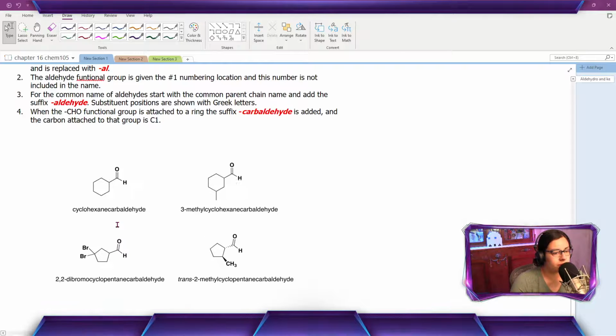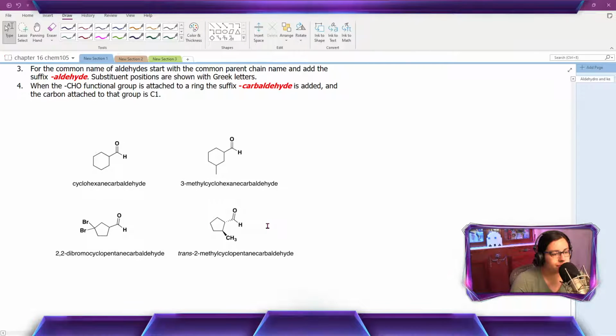So let's look at a few. So this is cyclohexane carbaldehyde. We have our aldehyde, cyclohexane. So now this is in the 1 position, so this has to be 1. So 1, 2, 3. So 3-methyl cyclohexane carbaldehyde. Same thing with this one.